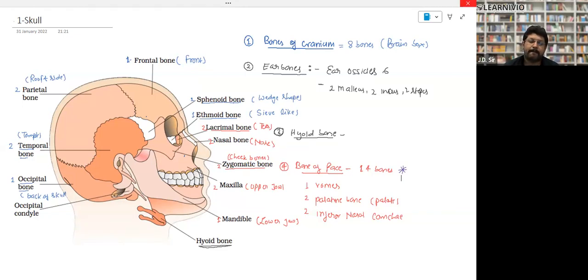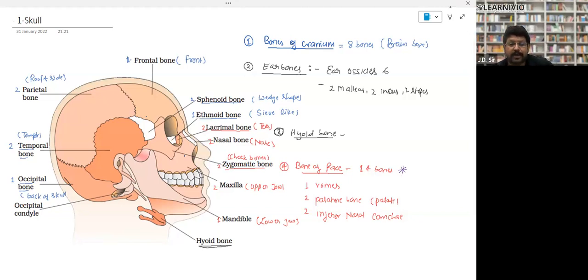Next point. Ears are made up of 6 bones, and the bones of the ear are called ear ossicles.